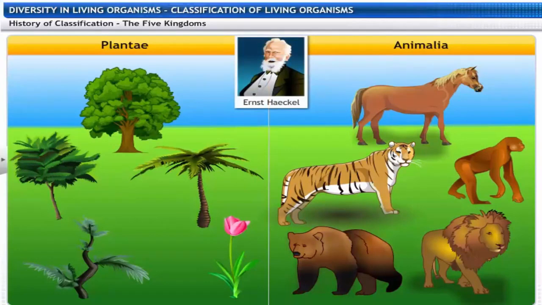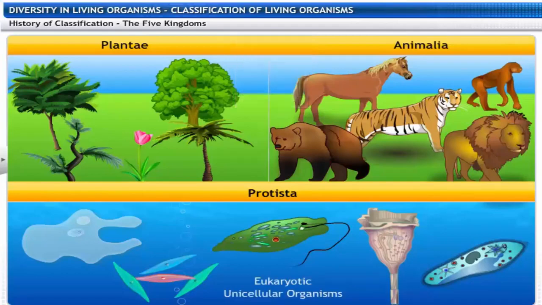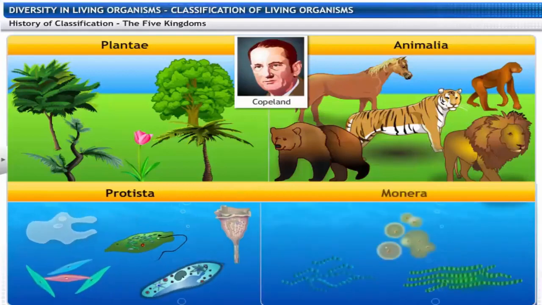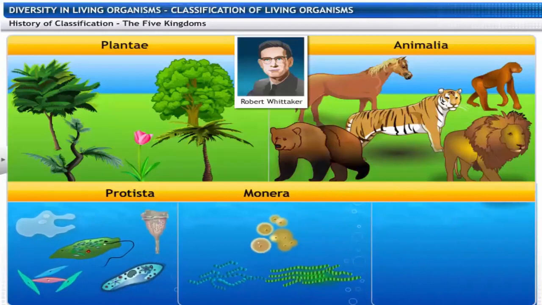Ernst Haeckel proposed Protista to include eukaryotic unicellular organisms. Copeland introduced Monera to include all the prokaryotic organisms. In 1969, Whittaker proposed Mycota to include fungi.